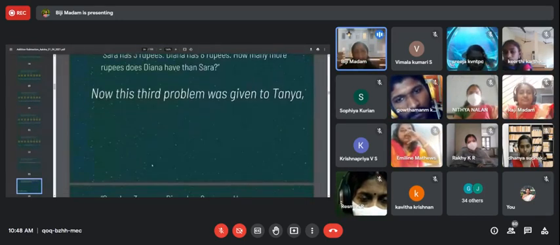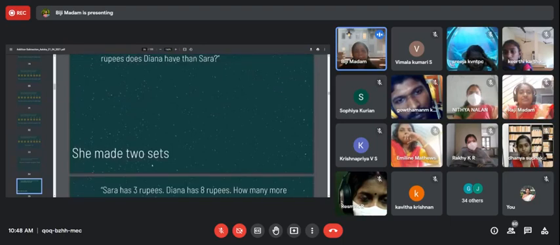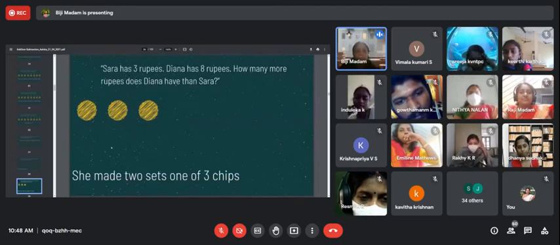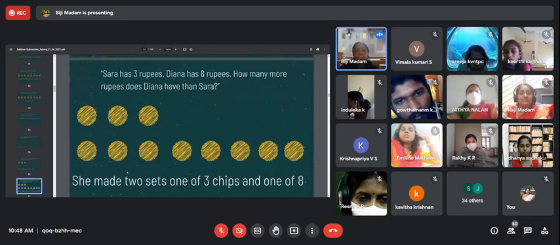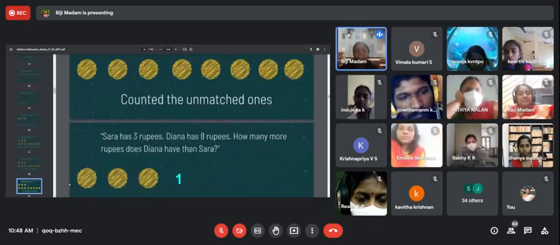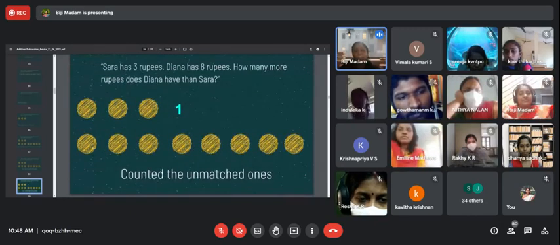Now in the third problem, the child made 2 sets. Sarah has 3 rupees, she kept 3 chips here, and then Diana had 8 rupees, she kept 8 as the second set, and now she starts counting the unmatched ones, 1, 2, 3, 4, and 5.